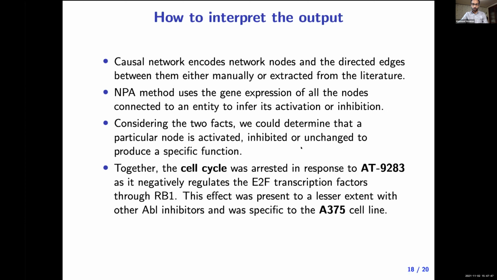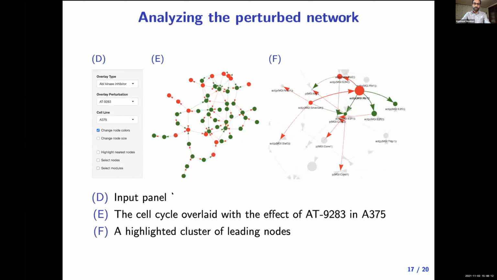In the use case that I showed, one way of phrasing the finding is that we see that the cell cycle network is perturbed or arrested in response to, most significantly, this drug through its negative regulation of the two transcription factors through retinoblastoma B1. So the effect I'm talking about here is the induction of this transcription factor and then producing the inhibition of those 3 transcription factors.